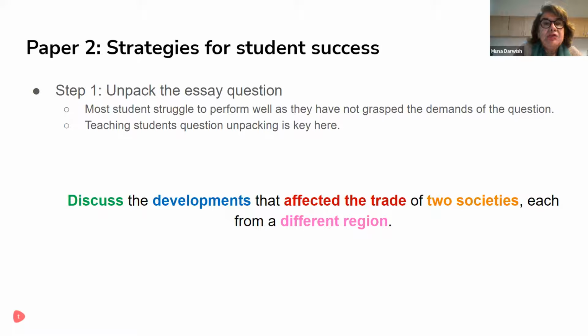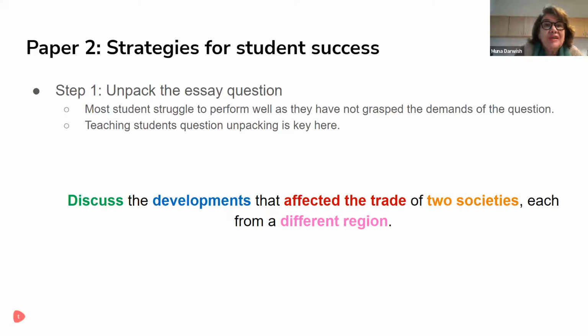And here, teaching students how to unpack the question is a recommended strategy that will be very helpful for our students to perform well when they take their exam.